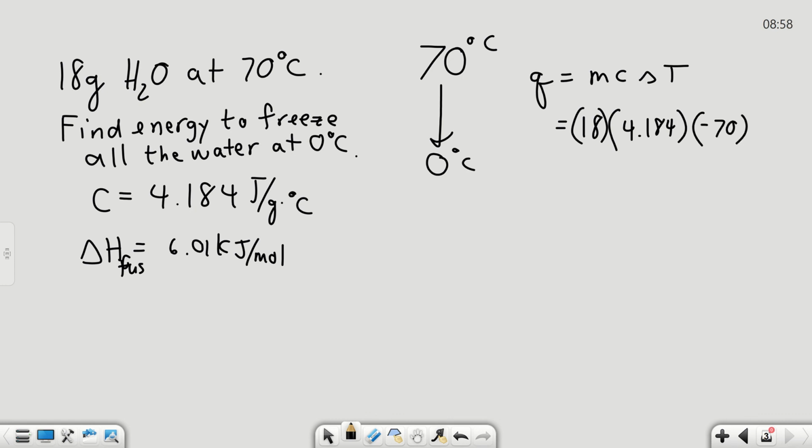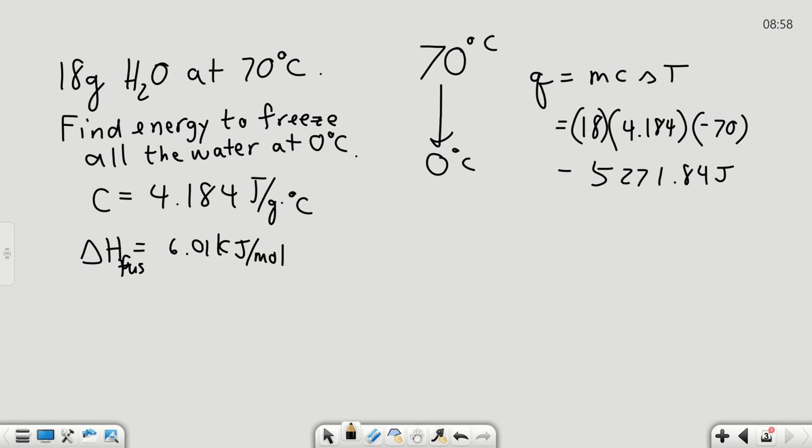That's the change in temperature. If I do that, that is negative 5,271.84 joules. I'm keeping all my sig figs for the moment. But that's only to get it down to 0.